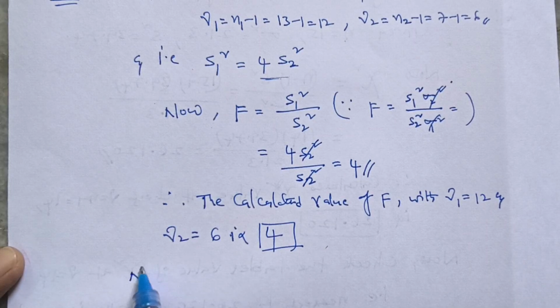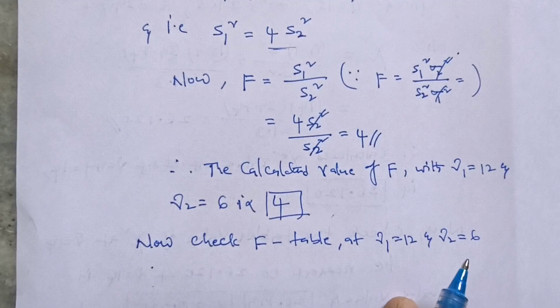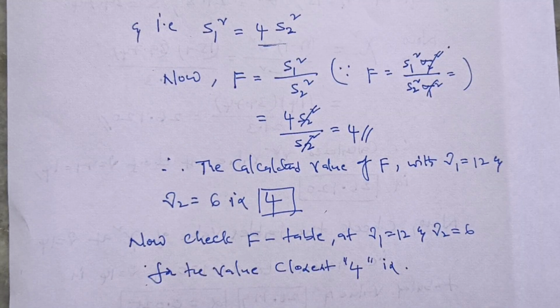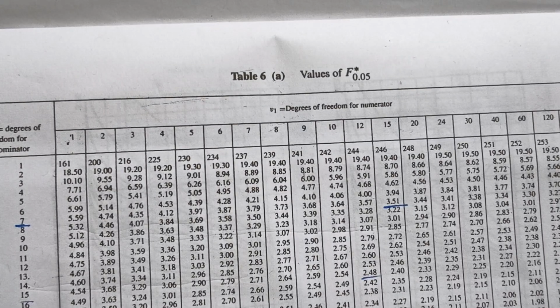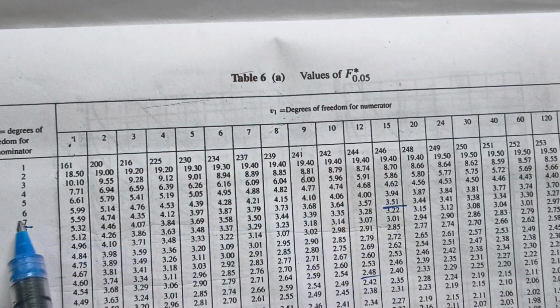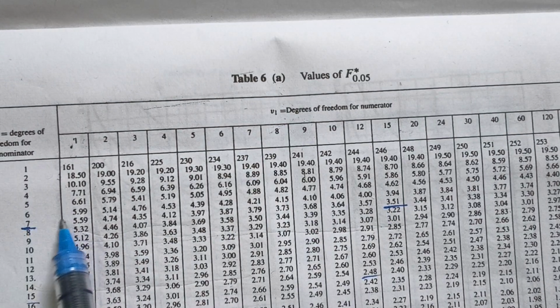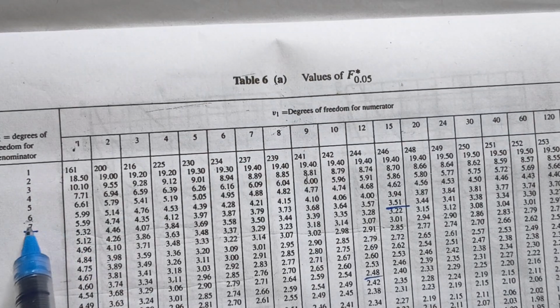Now we have to check the tabulated value of F in the F table at degrees of freedom nu1 equals 12 and nu2 equals 6, which is closest to the calculated value, that is 4. This is the F distribution table under 0.05 probability. This is the nu2 value, nu2 equals 6.